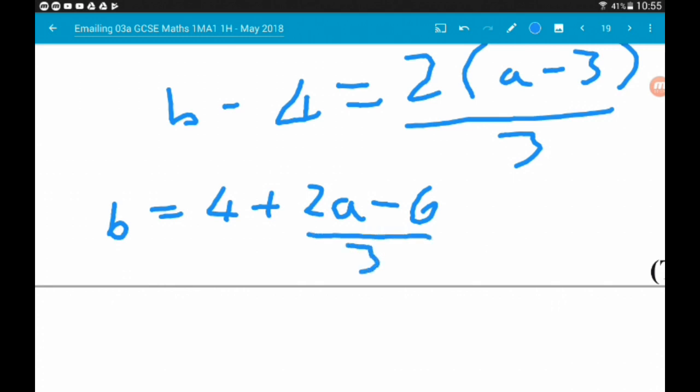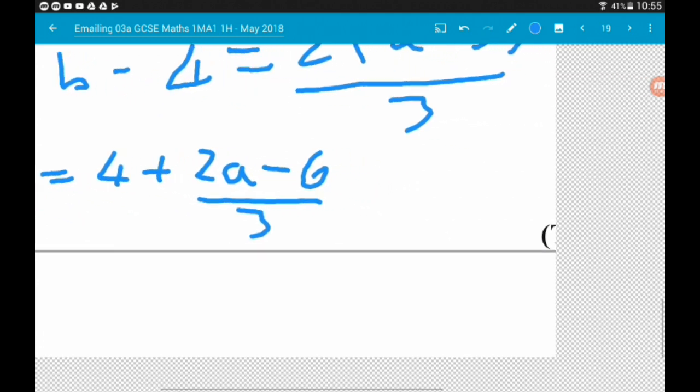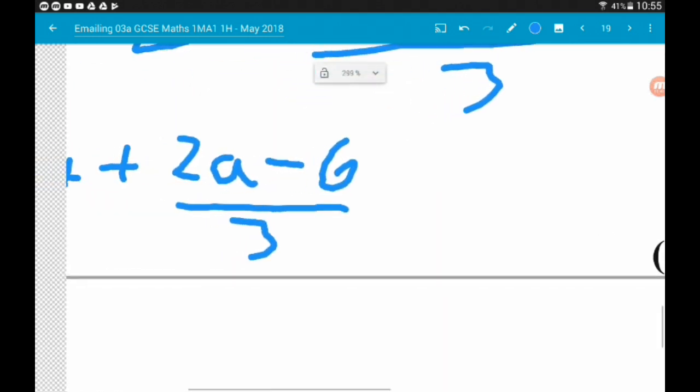Now that is exactly right. So I think if you stop there, you'd be fine. They haven't asked for it in any particular form, but it's not in the form the mark scheme has it. So just to prove to you that this is right, we can split this fraction.